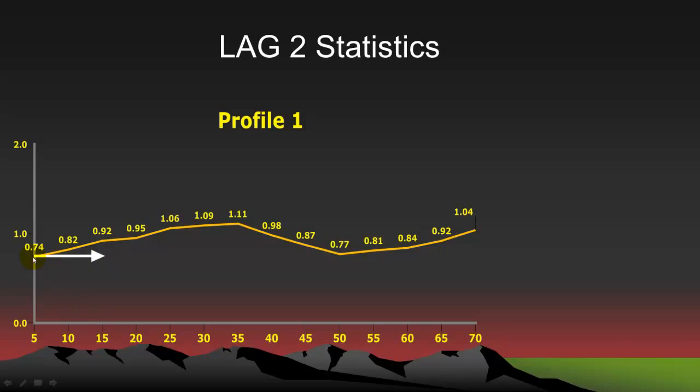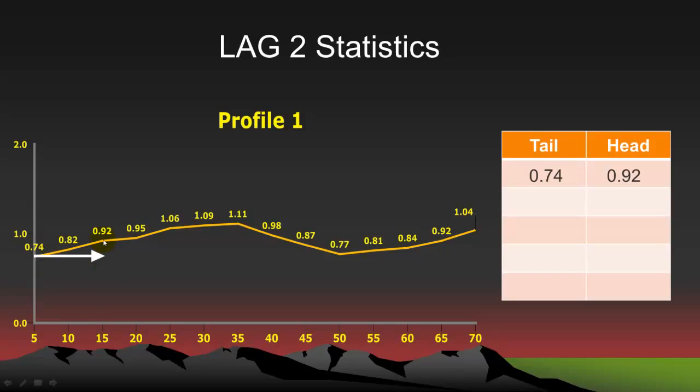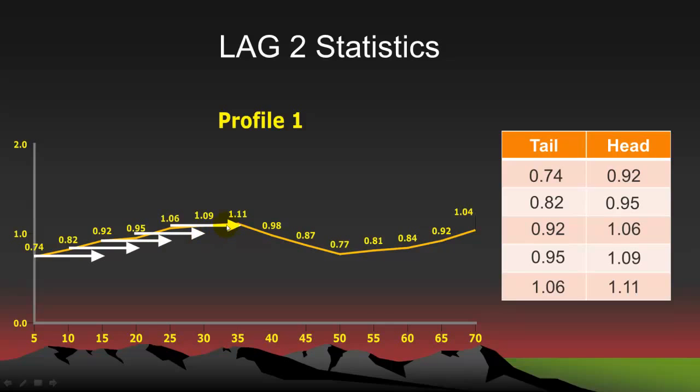So at the tail we have 0.74, and at the head of this vector 0.92, and we continue doing this, and again we have two columns of data, one column at the tail of our separation vector, the other column at the head of the separation vector.